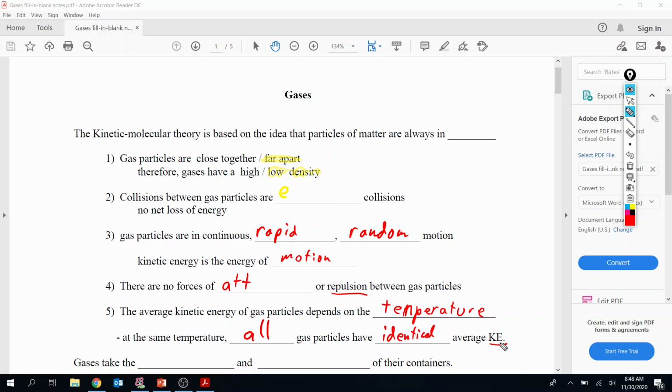The gas molecules will actually have slightly different speeds based on their masses. The temperature is a measure of the average kinetic energy and is proportional to it. So as the temperature goes up, the energy goes up, and the motion of the particles goes up. As the temperature goes down, the energy goes down, and the motion of the particles goes down. And that should fit well with things that you have learned already.